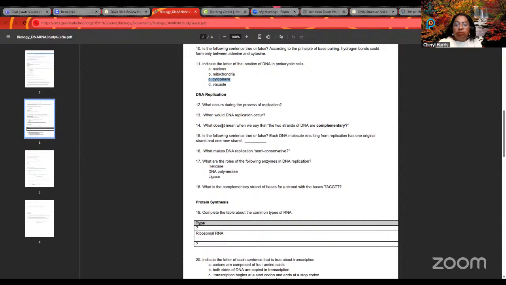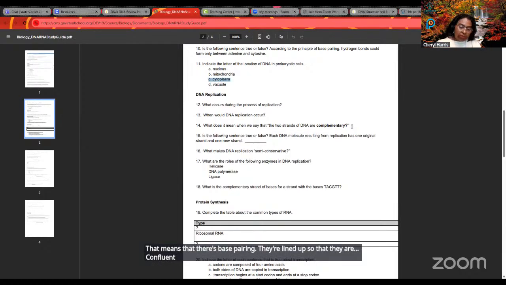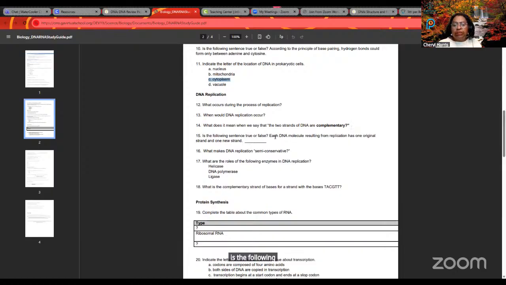All right, what does it mean when two strands of DNA are complementary? That means that there is base pairing. They are lined up so that the bases are complementary to each other. Is the following sentence true or false? Each DNA molecule resulting from replication has one original strand and one new strand. This is true.